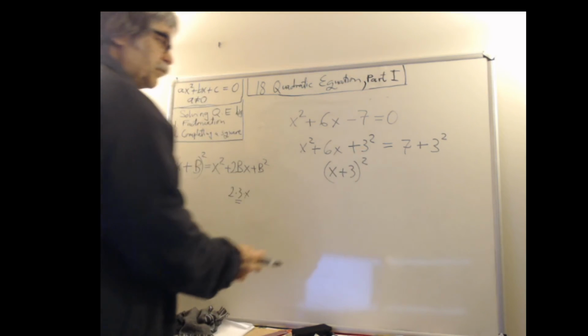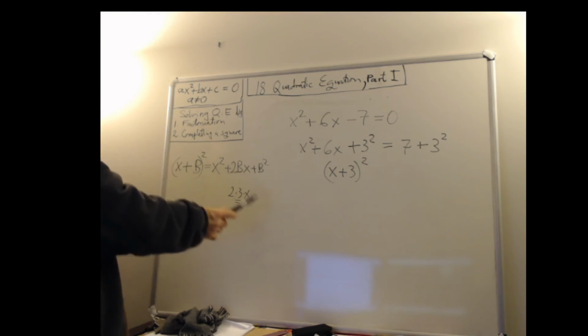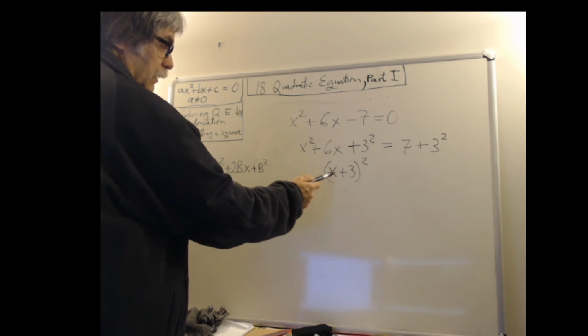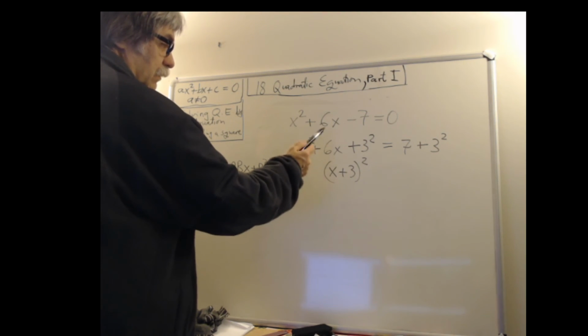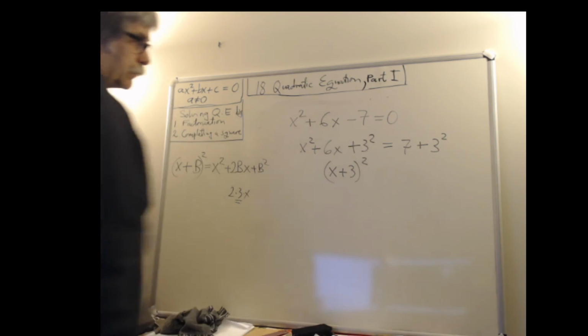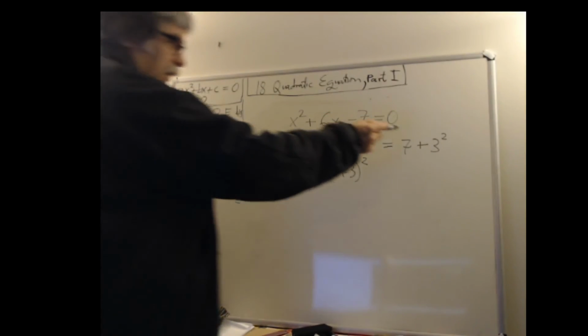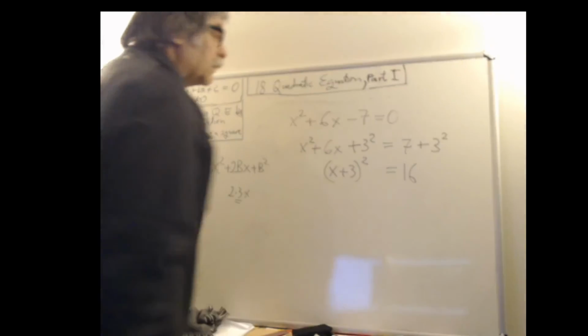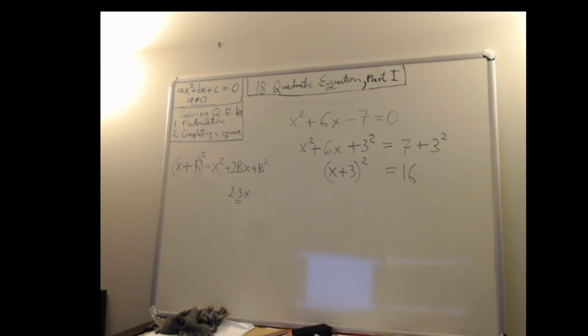Again, use this format: x squared here, 2 times this times this is 6x, and this square here. What you have on the other side is just 16, because you have 7 plus 9. So that was a very important step.